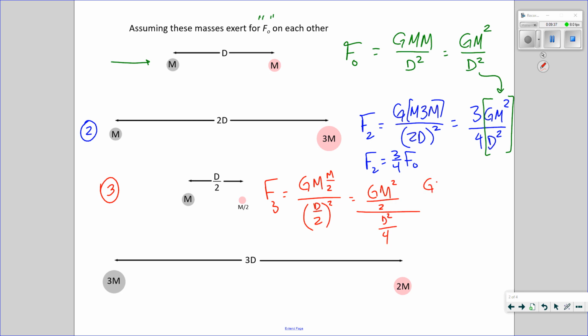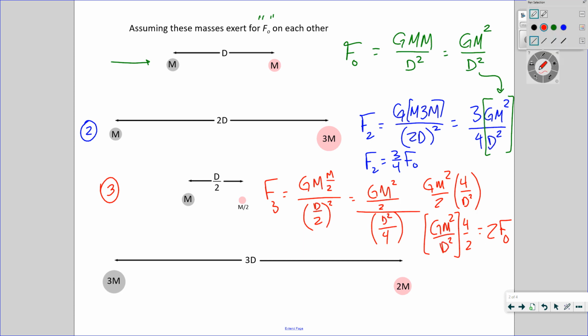That's G m squared over 2 times 4 over d squared, since dividing by a fraction is the same as multiplying by its reciprocal. So that's G m squared over d squared, which is F naught, times 4 over 2. So this is 2 F naught. F3 is twice as strong as the baseline F naught.